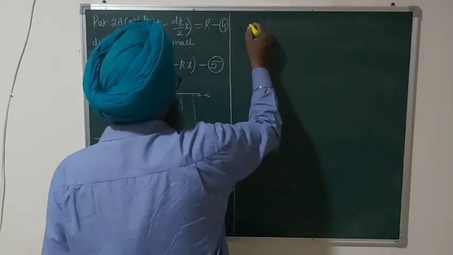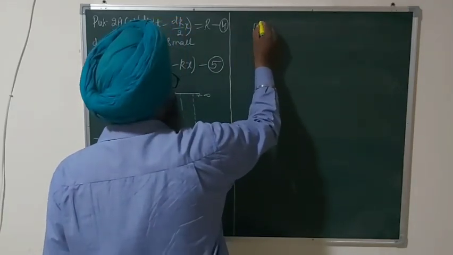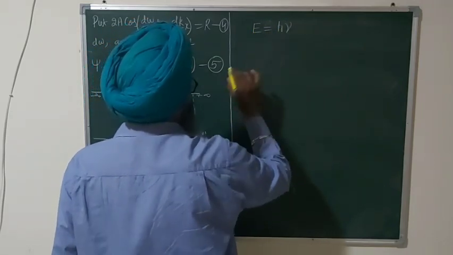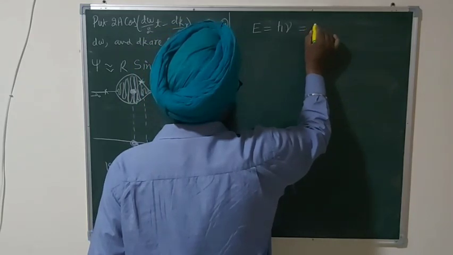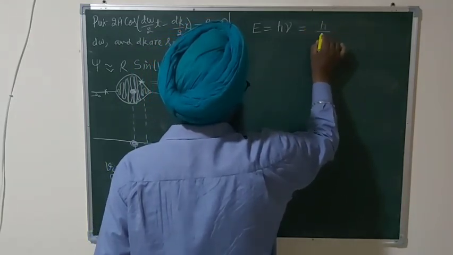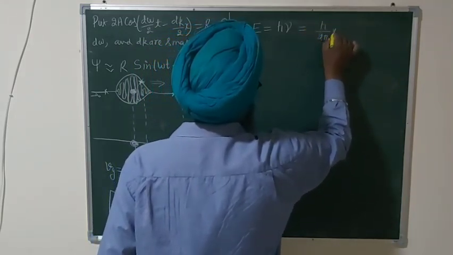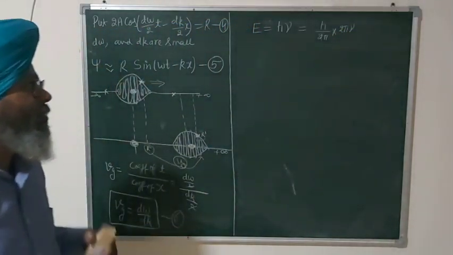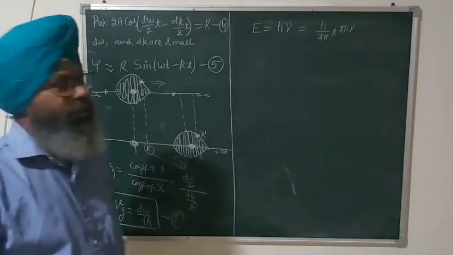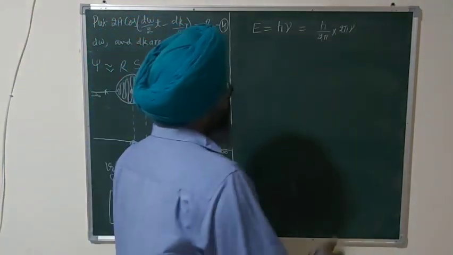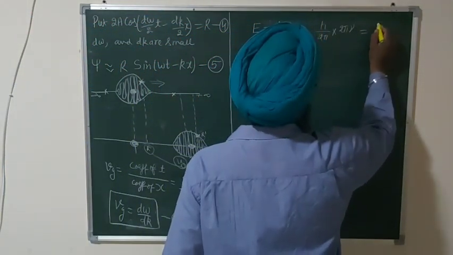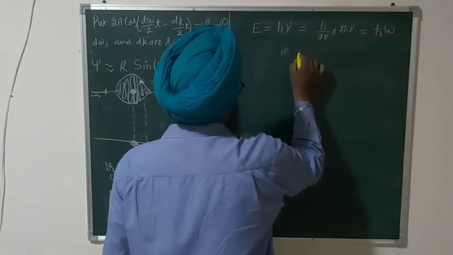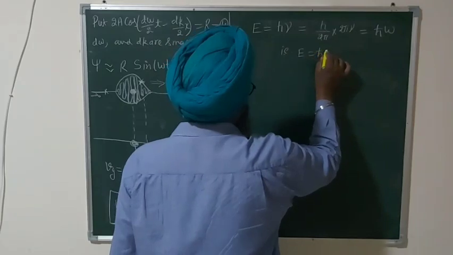According to Planck's theory, E, energy of any wave packet, is equal to h nu. I can write this equation as h upon 2 pi multiplied by 2 pi nu. I have done nothing, just multiplied and divided this equation by 2 pi. Now this can be written as h cross omega, that is E is equal to h cross omega.